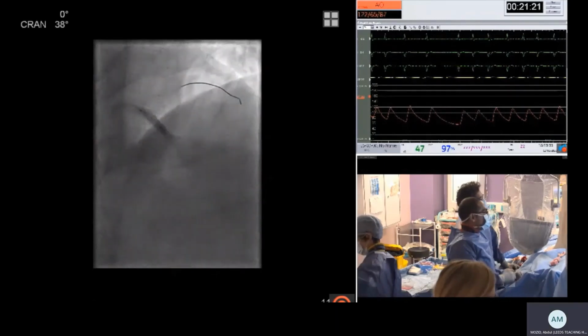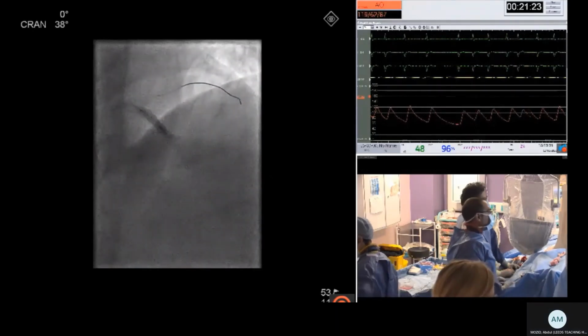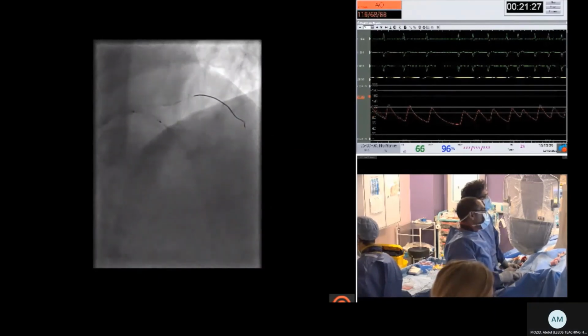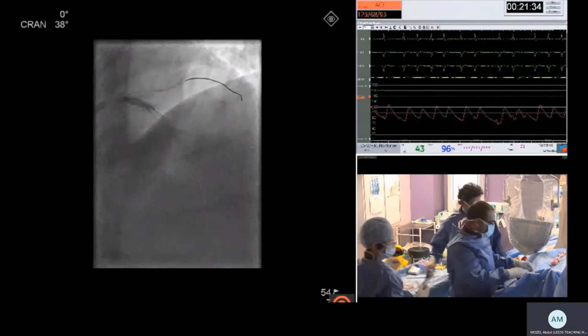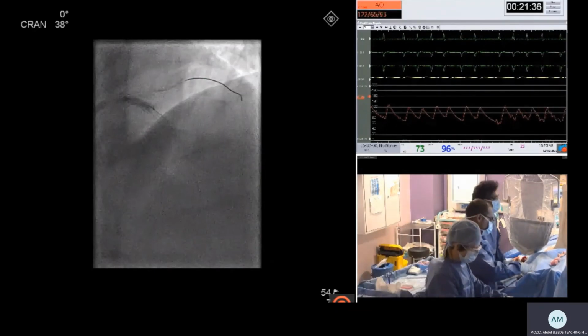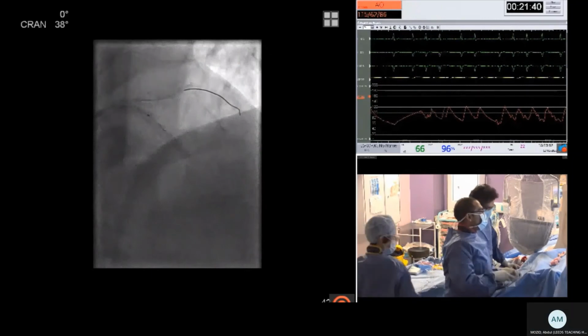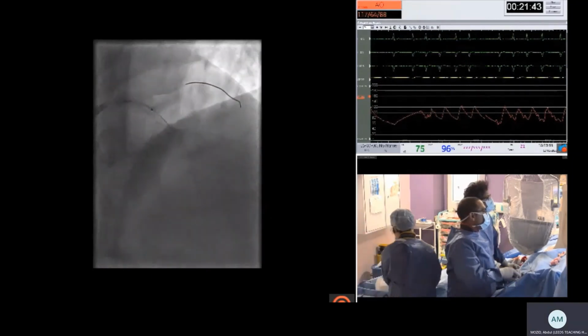This is at high pressure. And the IVUS imaging also showed the proximal LAD stent to be slightly undersized, and this required further optimization with a 4mm NC balloon.